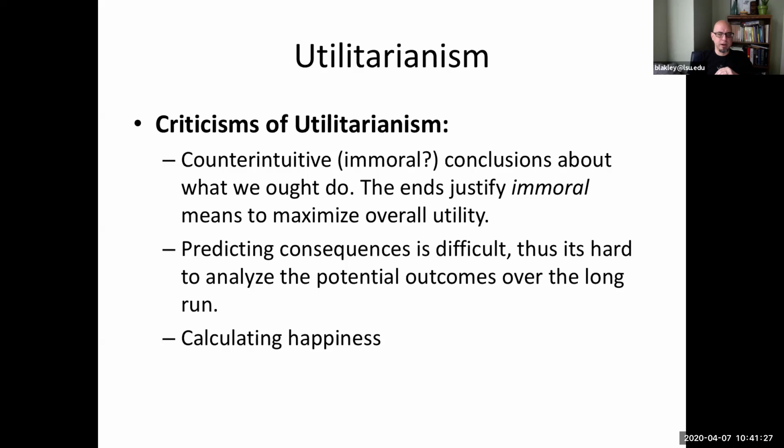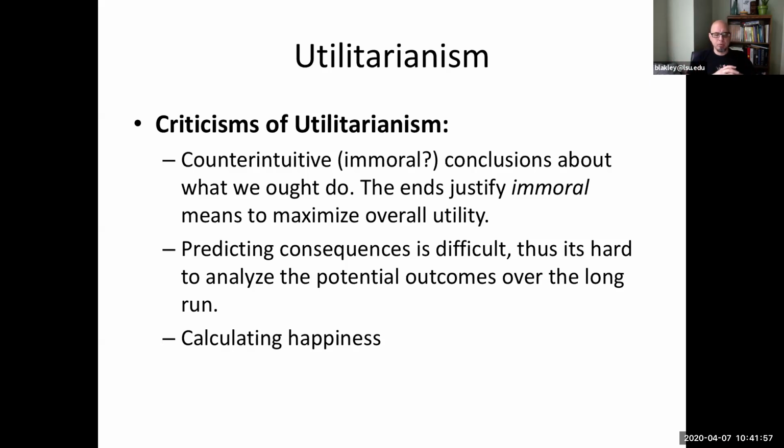Another issue there for act utilitarians in particular is that what utilitarianism demands of me is that I spend an awful lot of time calculating utility rather than actually doing anything that would minimize harm or bring about happiness. So there's a possible objection to act utilitarianism that rule utilitarianism would seem to take care of, maybe. So maybe that's a good reason for adopting rule utilitarianism as opposed to act utilitarianism.